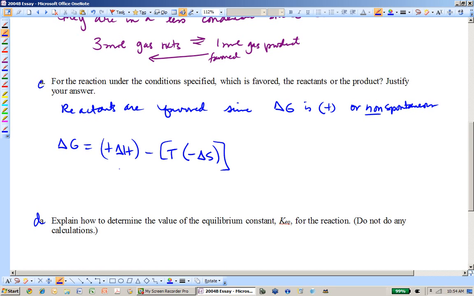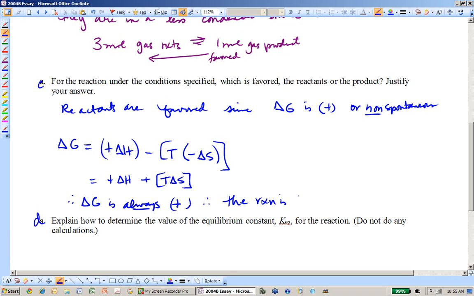That means I have a positive delta H term plus a positive T delta S term when the minus part is taken care of. So positive delta H plus T delta S algebraically, right? And that means delta G is always positive. Therefore, the reaction is not spontaneous in the forward direction.